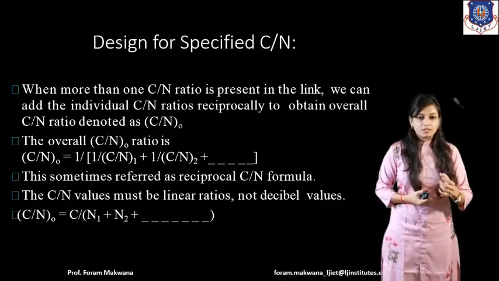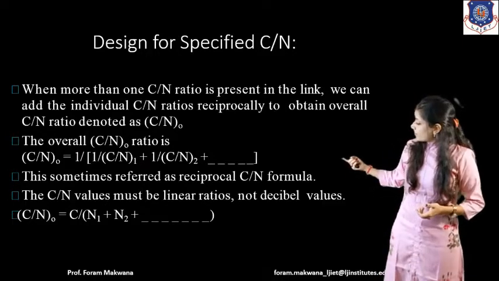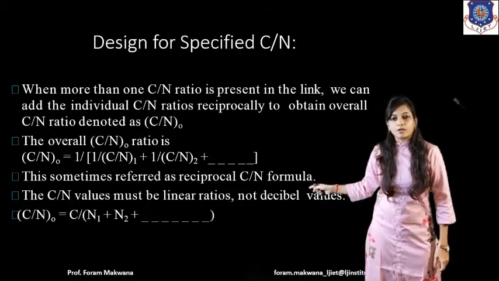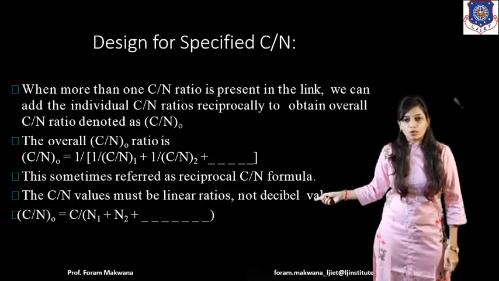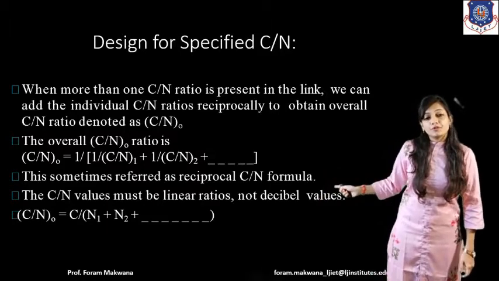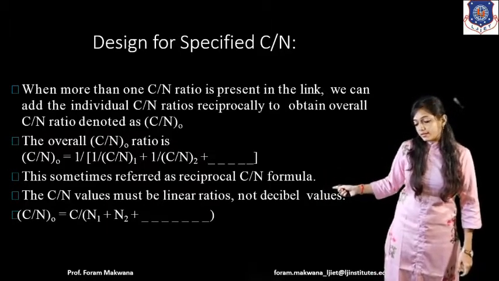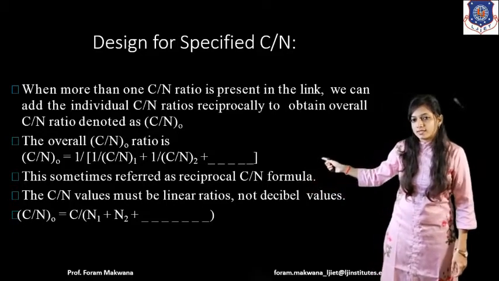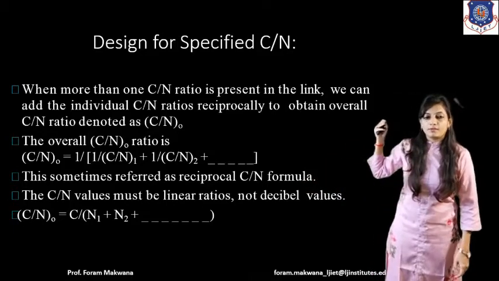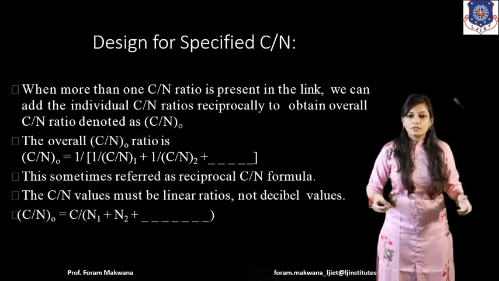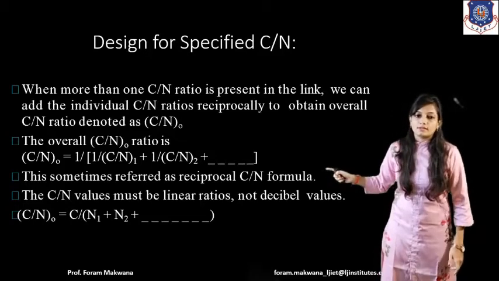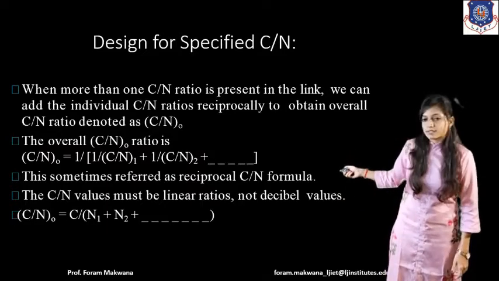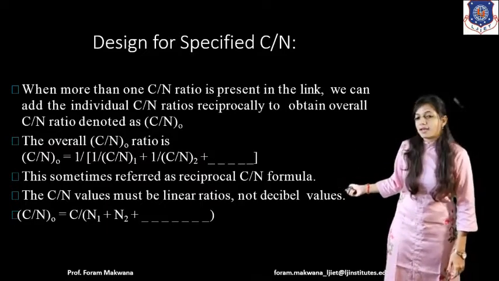How? The overall carrier to noise power is given as C/N in brackets O, where O stands for overall. First we calculate the carrier to noise power for the first system in the link, then the second system, up to the N-th system, and we take the reciprocal for the overall answer. So this is the reciprocal C/N formula.